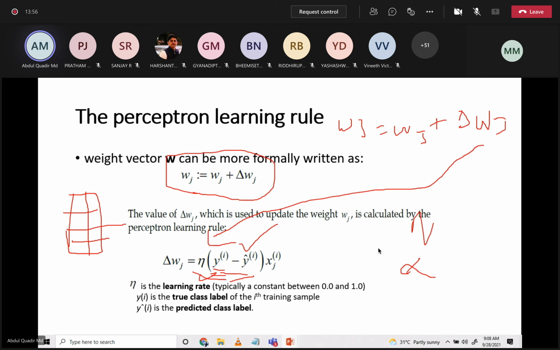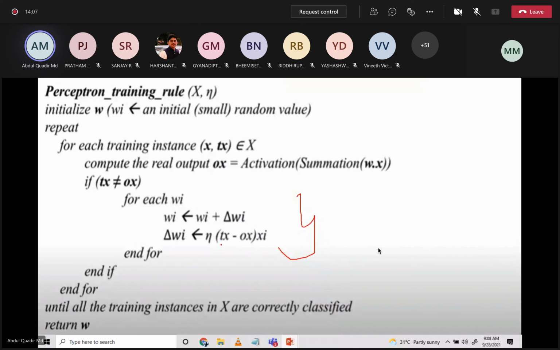Here we are calculating the error, the difference between target and predicted output, and multiplying it with that particular input variable. So this is the formula; we'll come back to it. We do this when our target does not match the prediction.